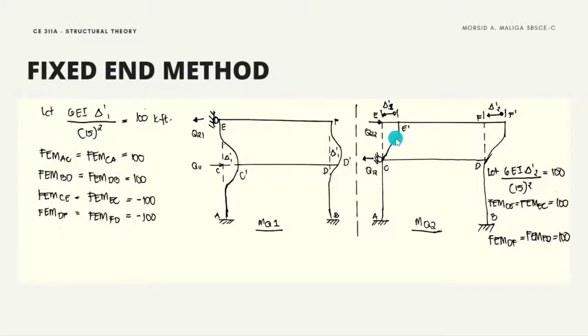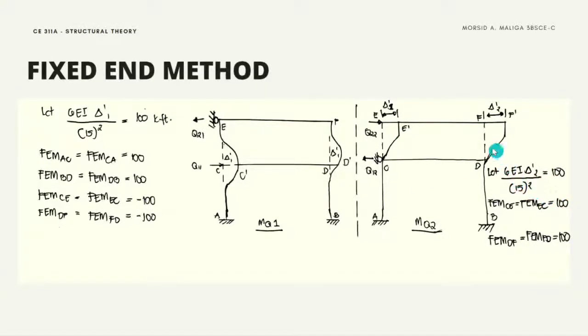So for our fixed end moments, let's assume that if our figure bends to the left it is negative and positive if to the right. Since our figure bends to the right, it is all positive. So the fixed end moment of points CE and EC is equal to positive 100.